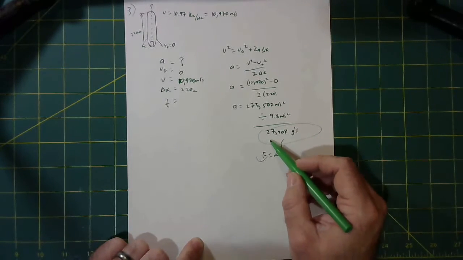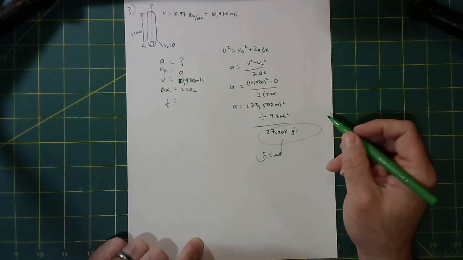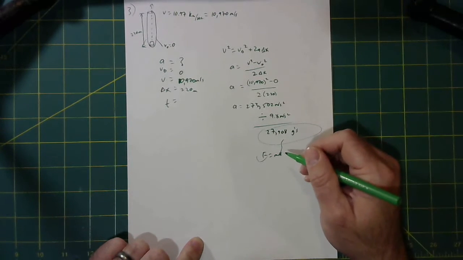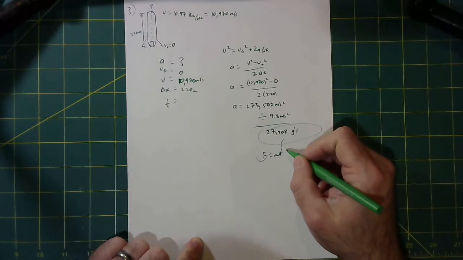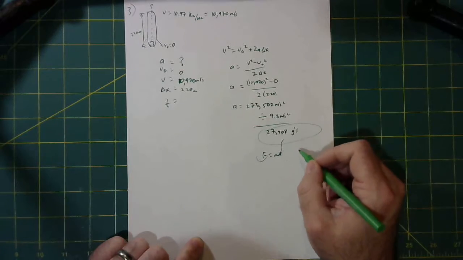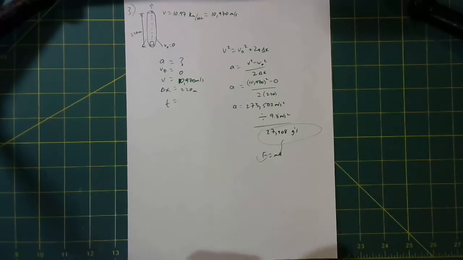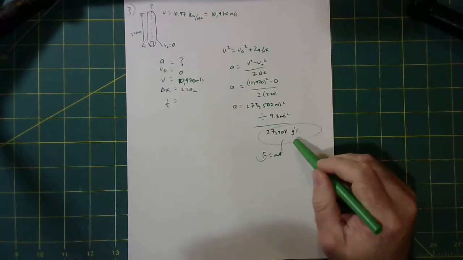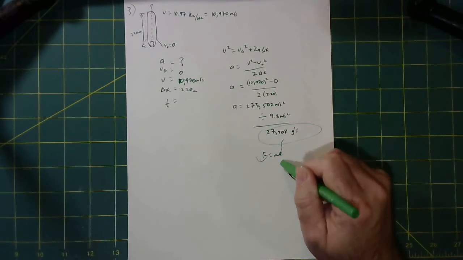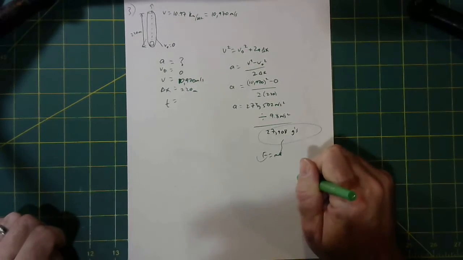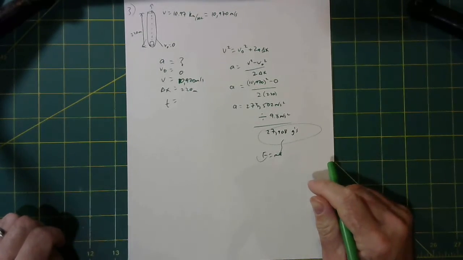Everything's being pushed on with a force almost 28,000 times their own weight. Yeah, they're going to be crushed, smushed by this, be a puddle. So anyway, yeah, this would not work. Because when you have to deliver an acceleration, you have to apply a force to do that, and nothing's going to survive that. All right, that's problem 3.